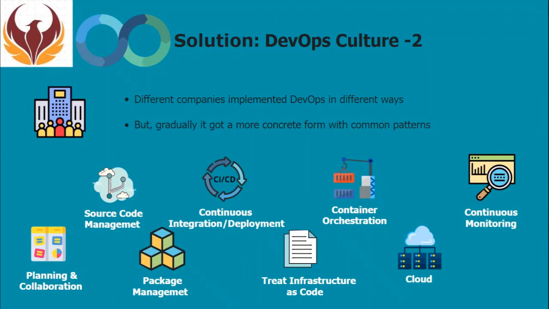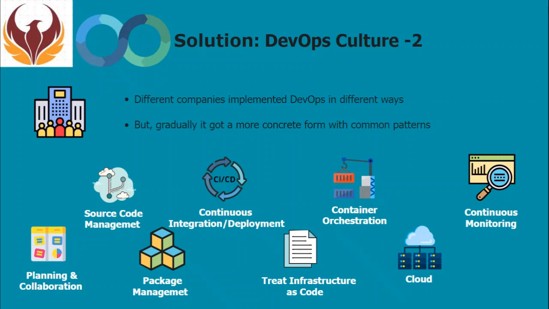Now I will tell you what happens in DevOps. Planning and collaboration is the first part of development, and next, obviously, it is developed. Then comes source code management, which is GitHub, GitLab and other source control management tools, where your code is committed and stored.